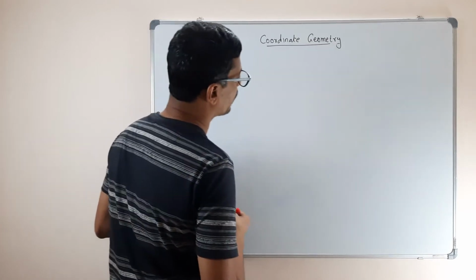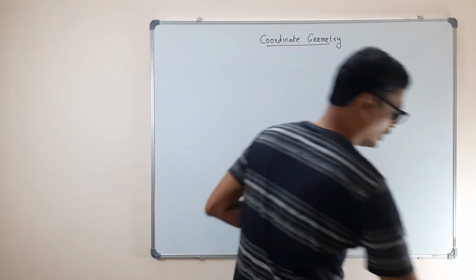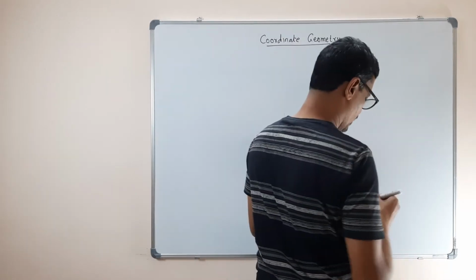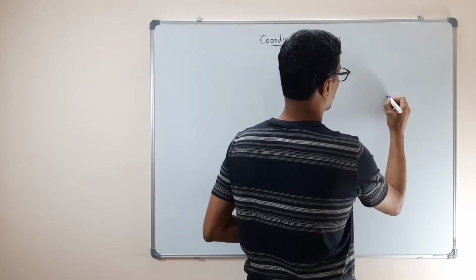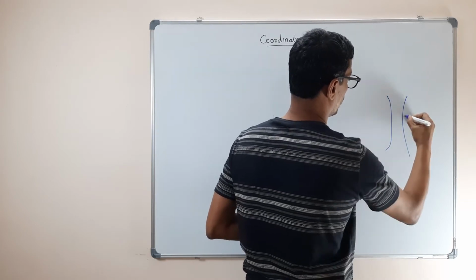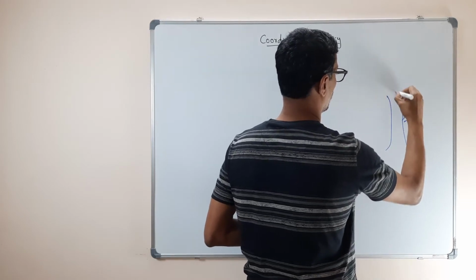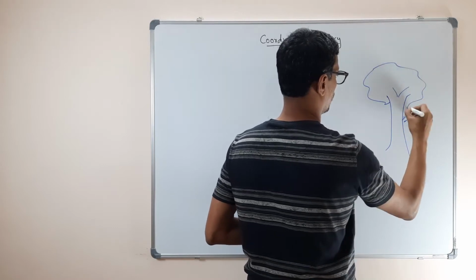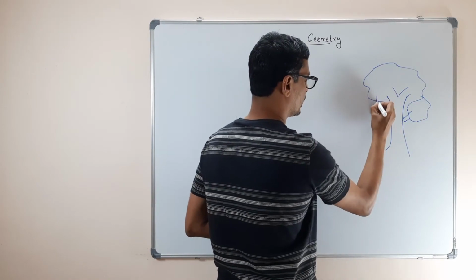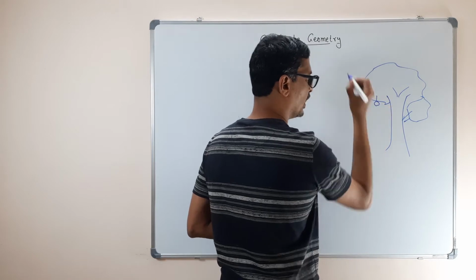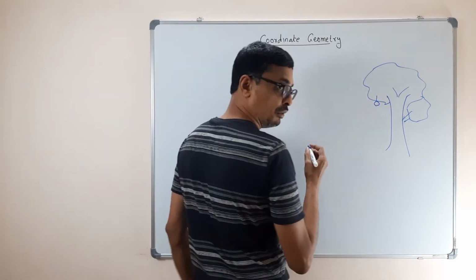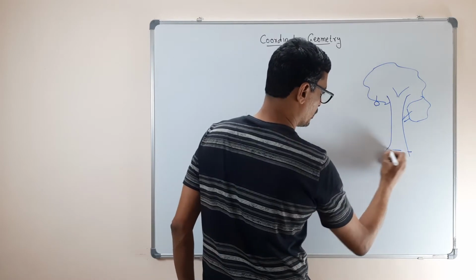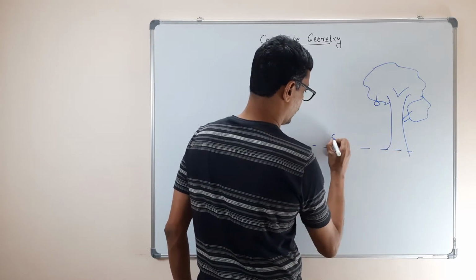Okay, so what we are going to have, let us put it in a simple way. There is a tree. Okay, and there is a fruit hanging on the tree. So now, you are standing here.